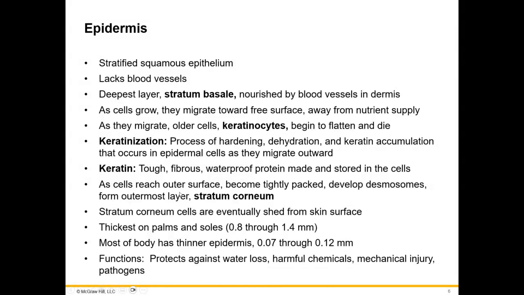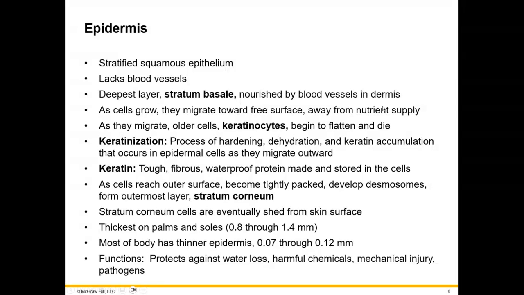Okay, let's talk about the epidermis first. Stratified squamous epithelium does not have blood vessels. Its deepest layer is the stratum basale, and it is nourished by the blood vessels from the dermis. And I'm going to show you all these different layers in a minute. One of the ways to remember the layers of the epidermis is: come let's get sunburned.